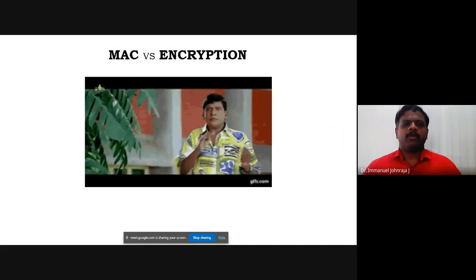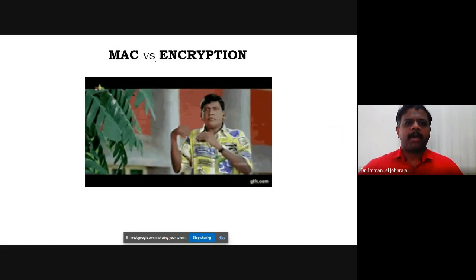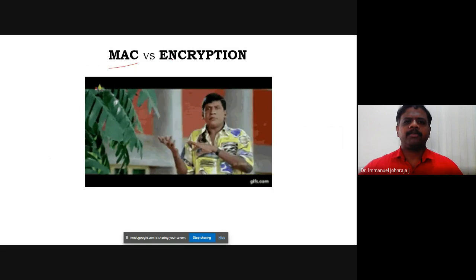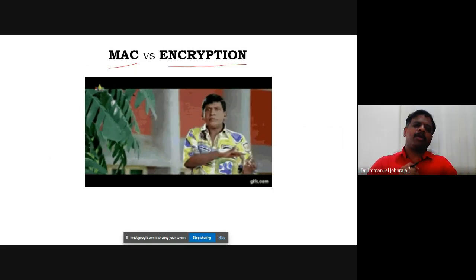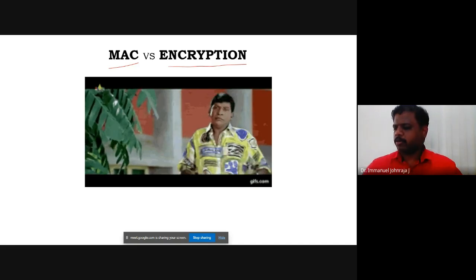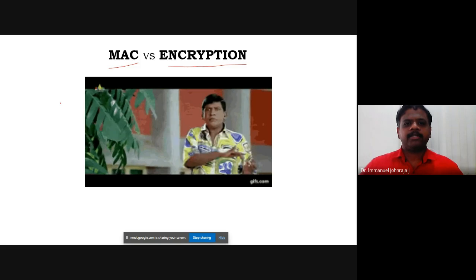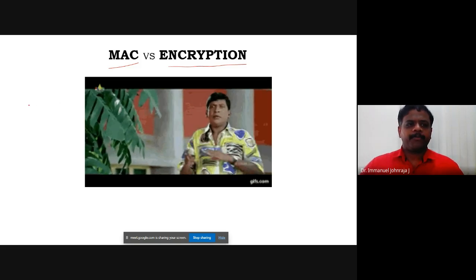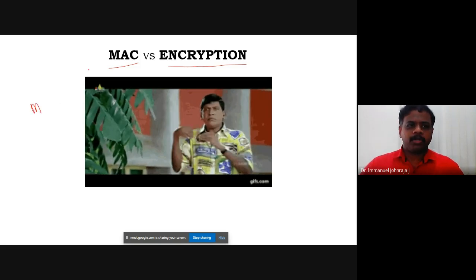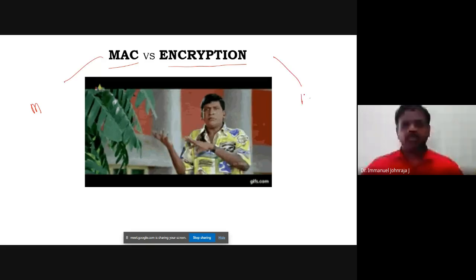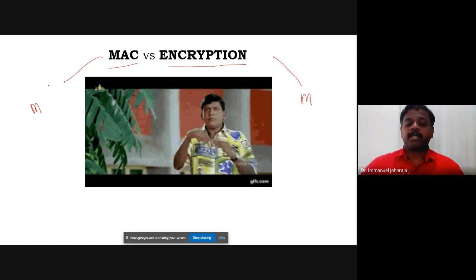What is that message authentication code versus encryption? If you want to compare these two, do you find any difference? I don't see any difference here. As the character on the screen says, he's a little confused. You have the original message on both sides. I'm talking about MAC here, and encryption here. In both cases you have the original message.